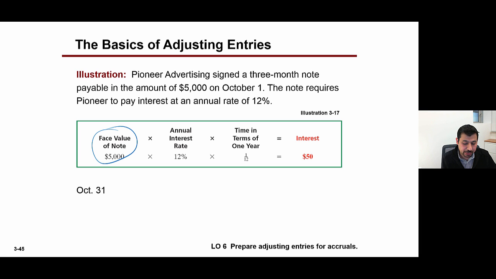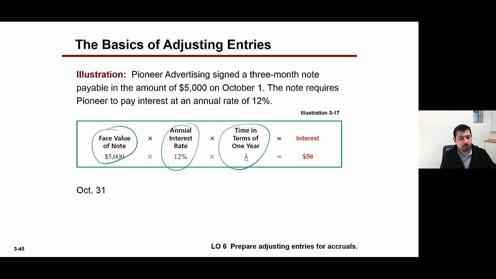Then the annual interest rate. Whenever they give you an annual interest rate, you also need to multiply it by the time in terms of the year, for example, how many months. So in this case, it's $5,000 multiplied by 12% multiplied by 1/12, because it was for 1 month, and the amount eventually is $50.